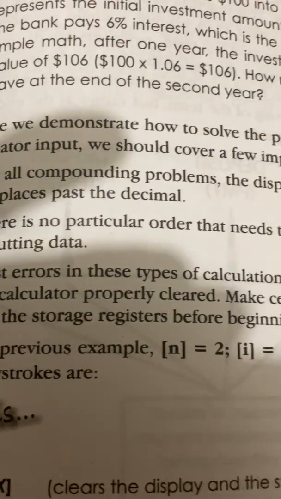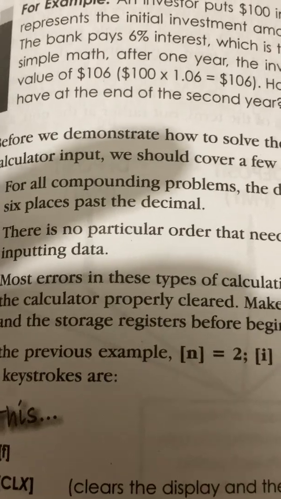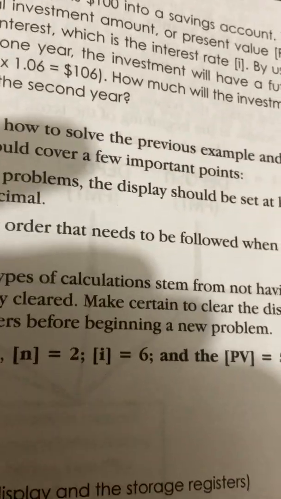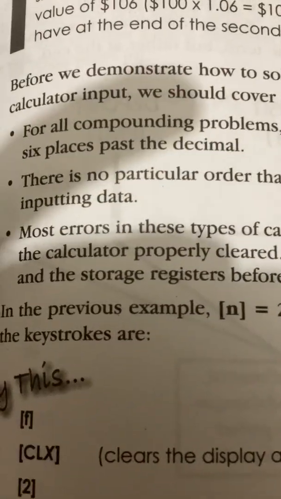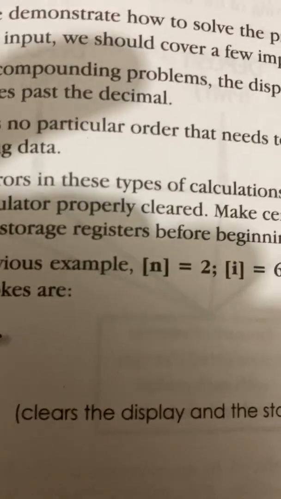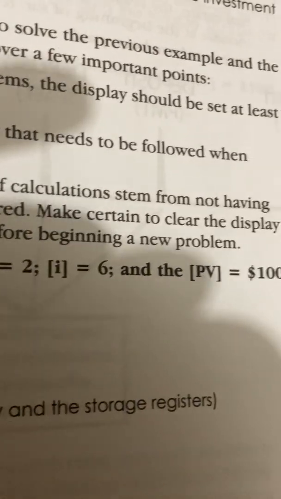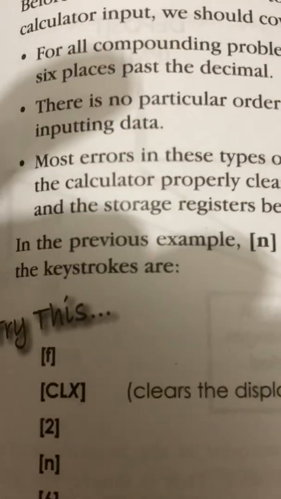Most errors in these types of calculations stem from not having the calculator properly cleared. Make certain to clear the display and the storage registers before beginning a new problem. In the previous example, N equals 2, I equals 6, and the PV equals $100.